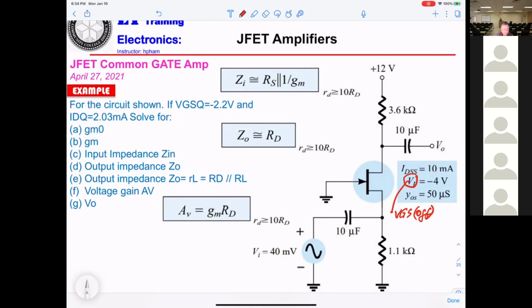Okay, go ahead and do this calculation for me. If we get it done, then you can go home.